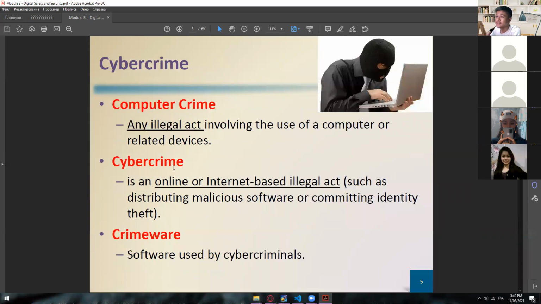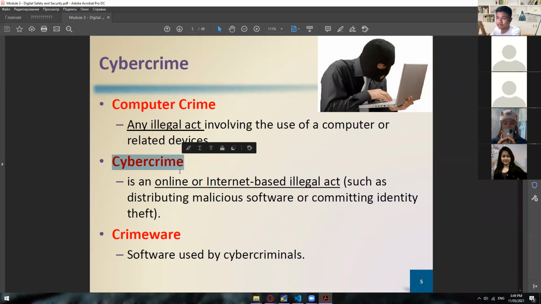All right. Next one is cybercrime. Let's go with cybercrime first. Cybercrime is an online or internet-based illegal act, such as distributing malicious software or committing identity theft. We have crime as human beings in the real world, but once you commit a crime with the use of a computer over the internet, we call that cybercrime.